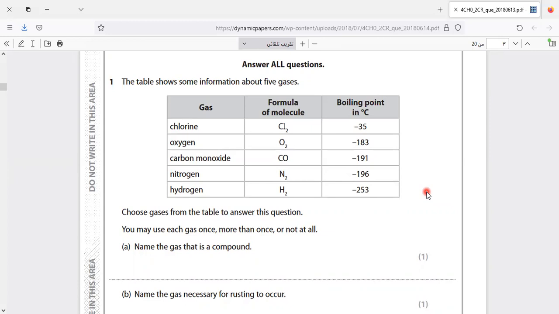Chlorine, yes. Because in the negative, the lower number is the higher one. فهنا نيجاتيف، 35 هو الأكبر.